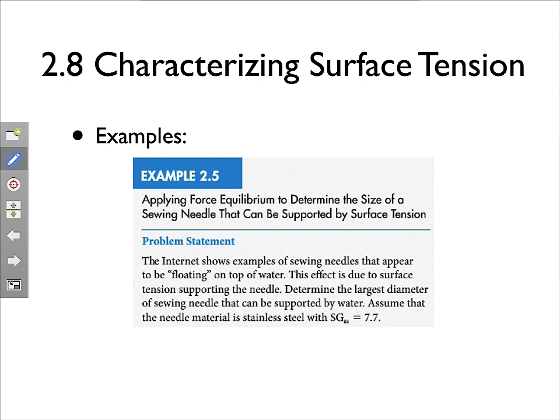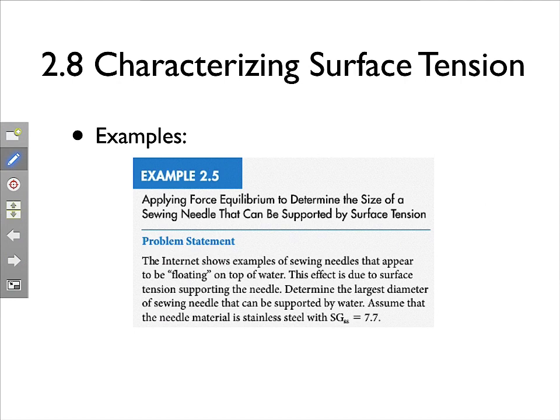Some insects use this, like water skippers, as they travel across water and stay on the surface without falling in. They have a very high cohesion between their feet and the liquid surface.